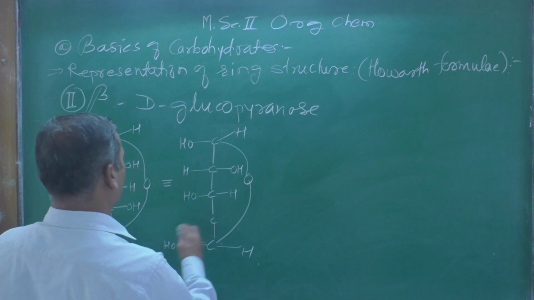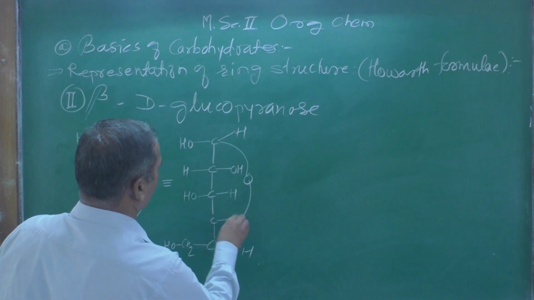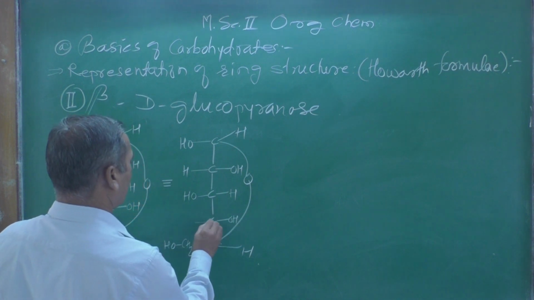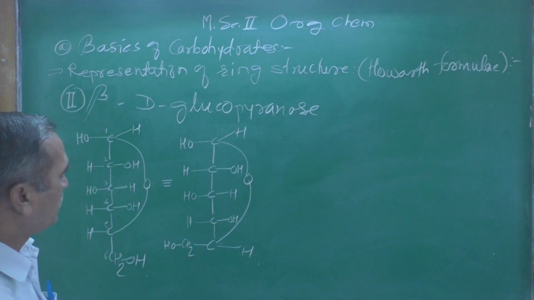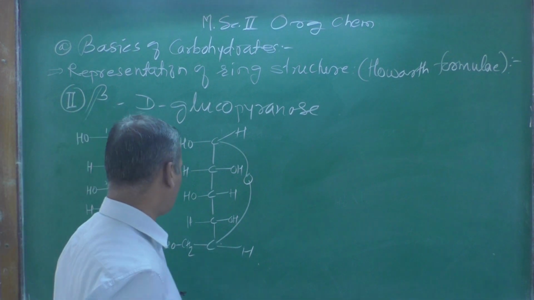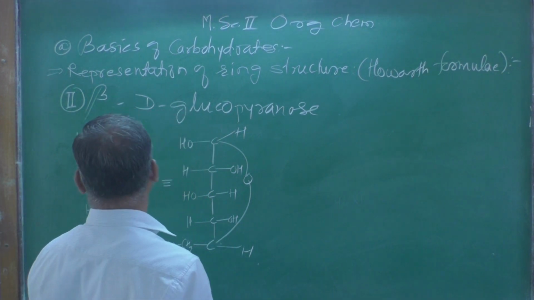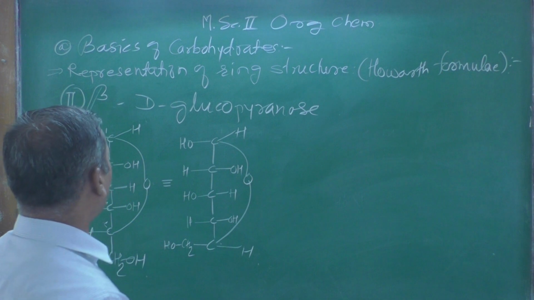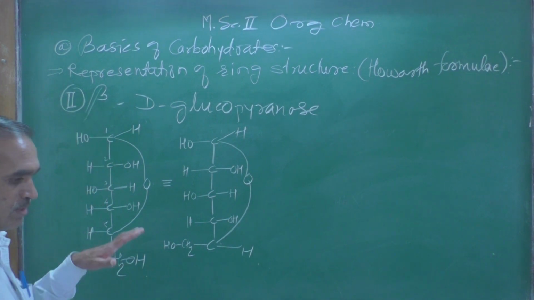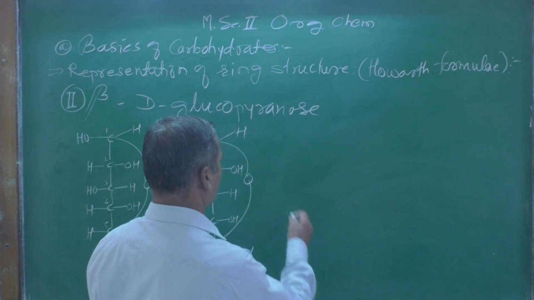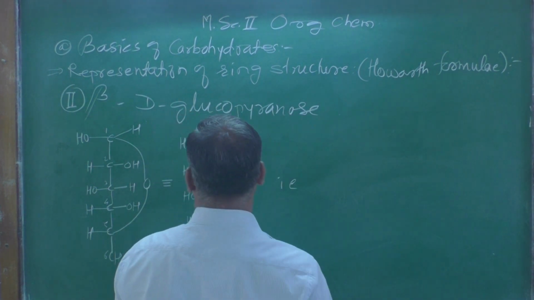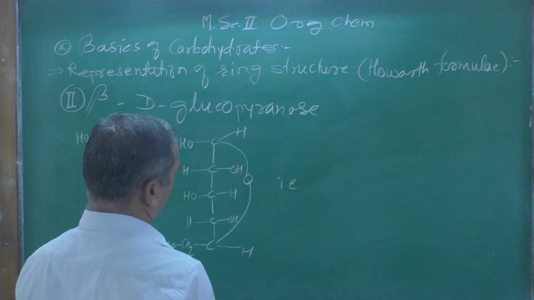At carbon number 4, the hydroxy group is lying on the right hand side, and the hydrogen atom on the left hand side. So this is the representation of beta D glucose according to the Fischer projection formula, and that we are going to convert.